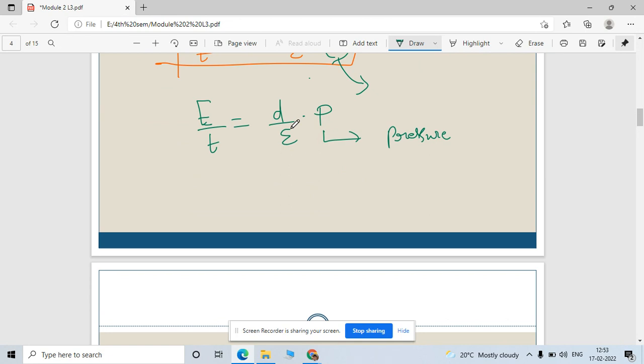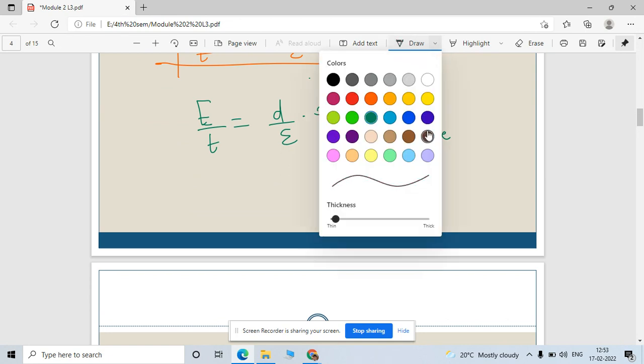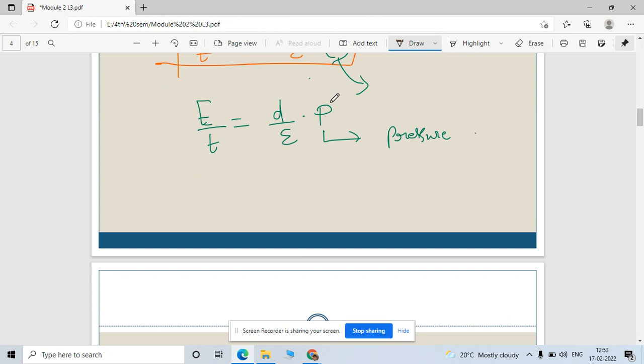Now many books treat this factor as G, the voltage sensitivity.